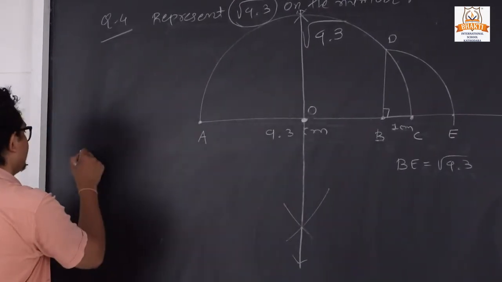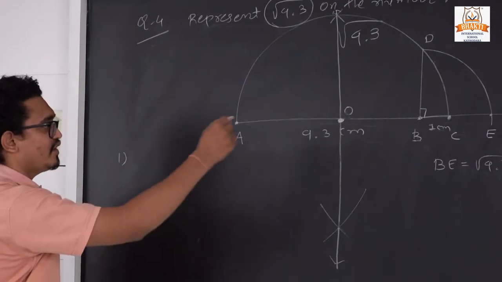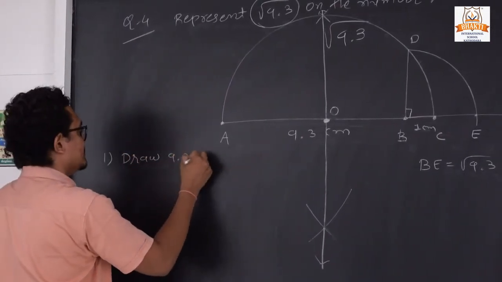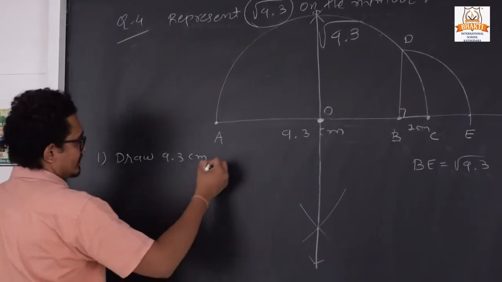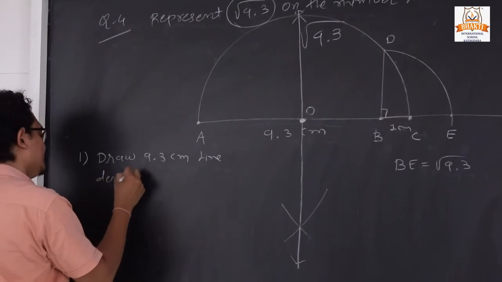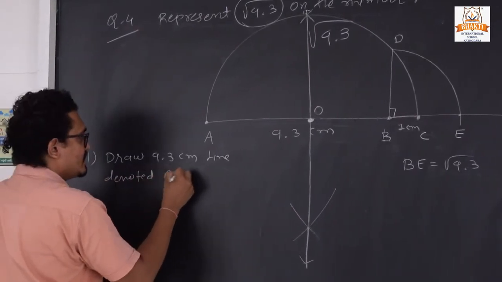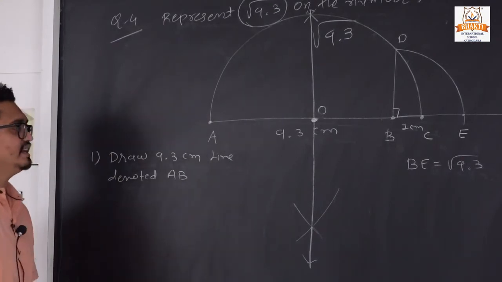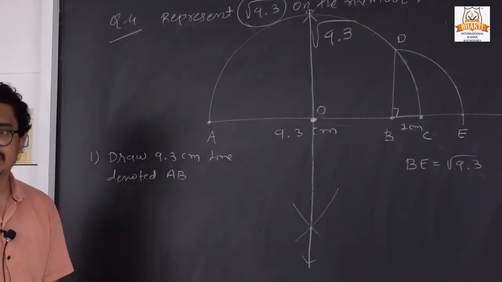So first step, first of all what can we draw? Draw a 9.3 centimeter line denoted AB. First of all we can draw a 9.3 centimeter line and denote that line as AB.